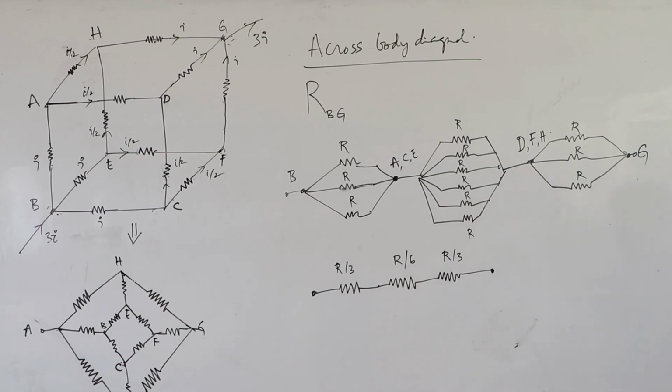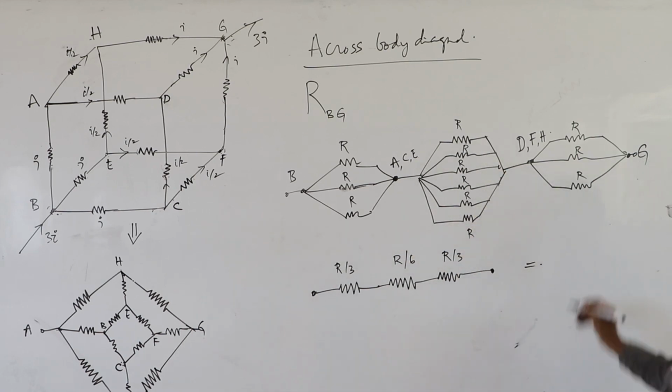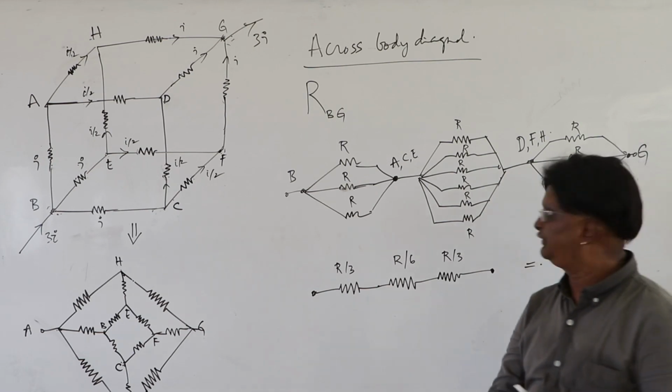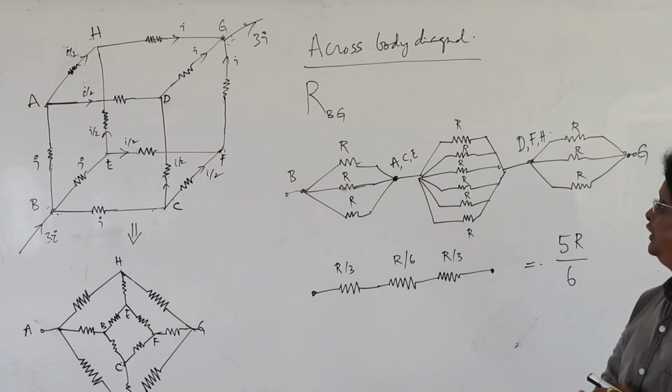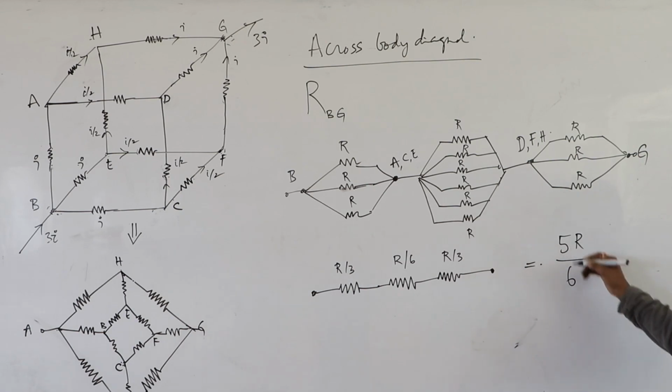So R by 3 and R by 6. Got the point? R by 3 and R by 6 will give you 5R by 6. The effective resistance across the longest diagonal BG is equal to 5R by 6.